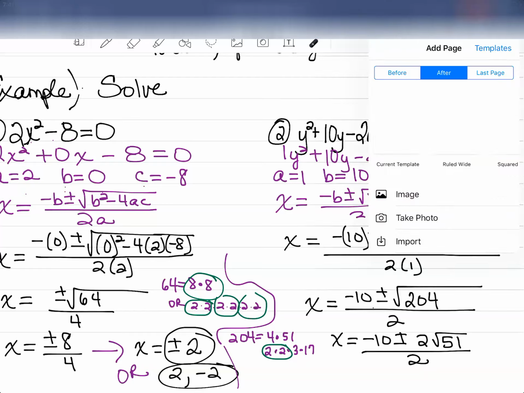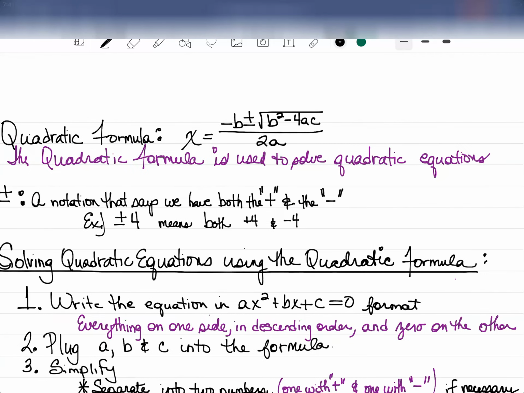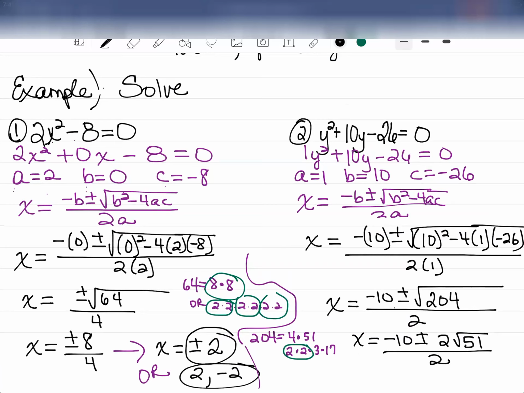And I'm running out of room. Negative 10 plus or minus 2 square roots of 51 over 2.